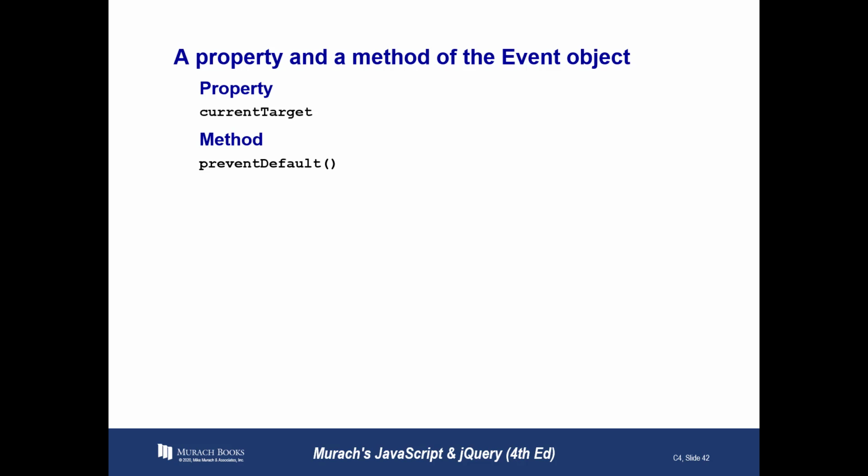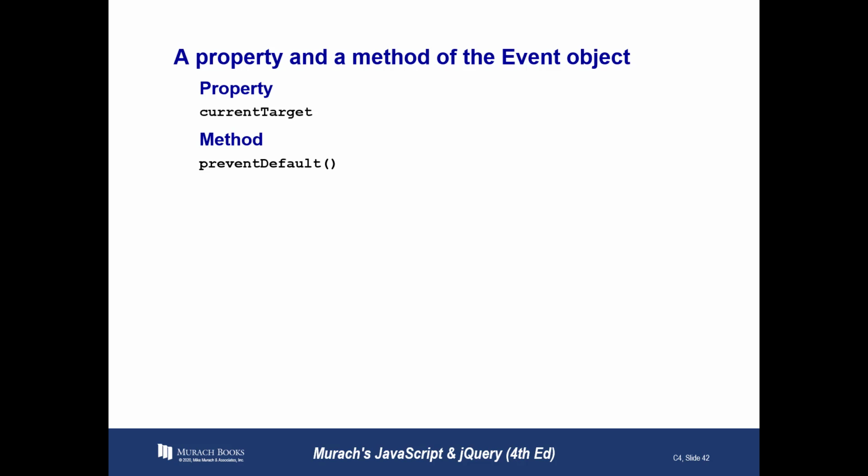All of these events have a property and a method associated with them. All right, and it says right there, the property is the current target and the method is prevent default. Let's talk about these in reverse order.